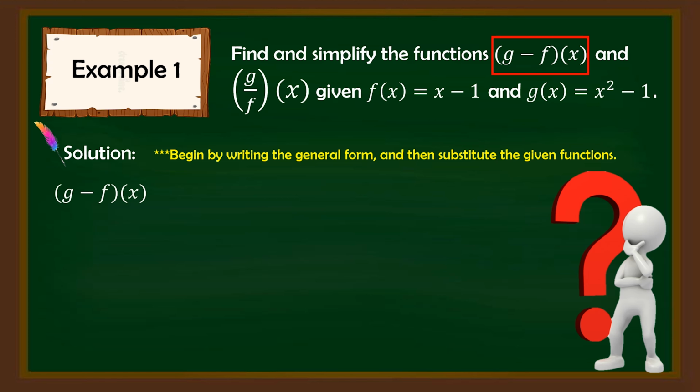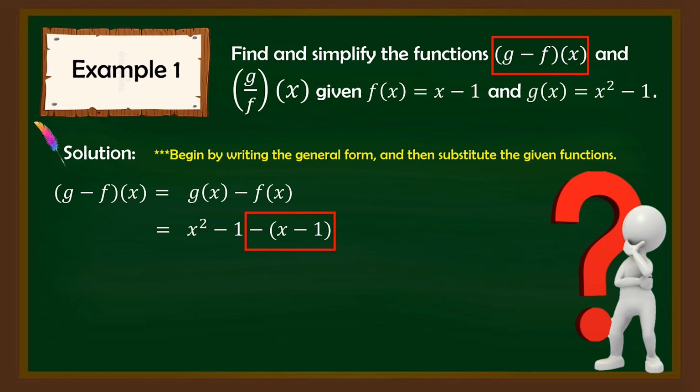By that, we will write first the general form of this function, which is g of x minus f of x. Then we substitute g of x by x squared minus 1 and f of x by x minus 1, which yields x squared minus 1 minus the quantity x minus 1.